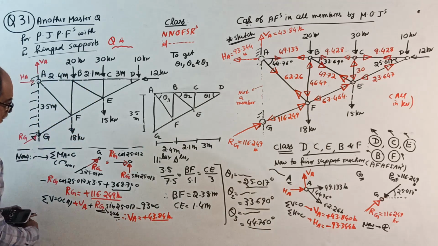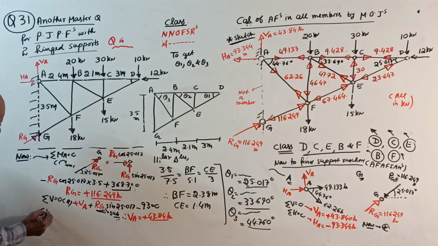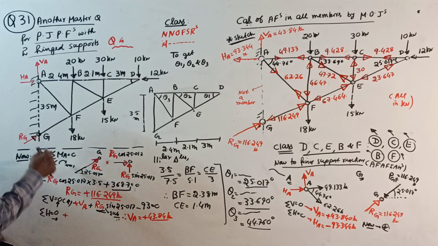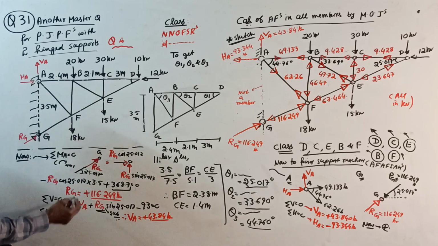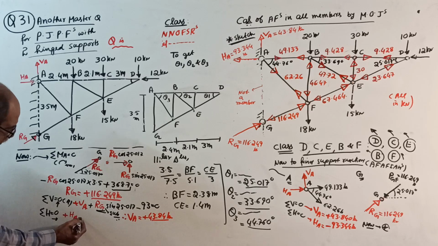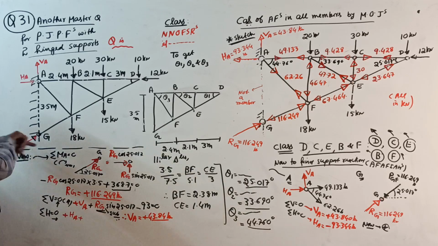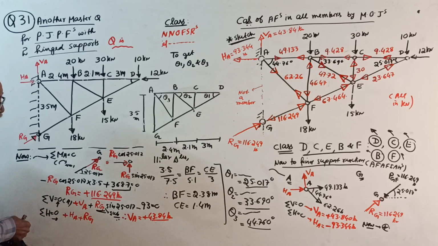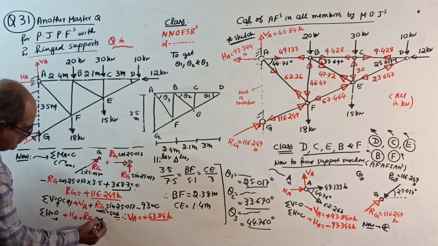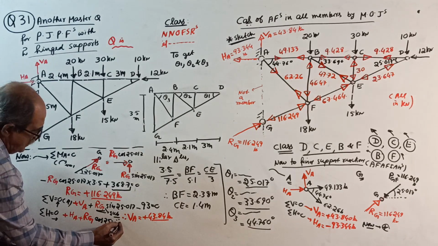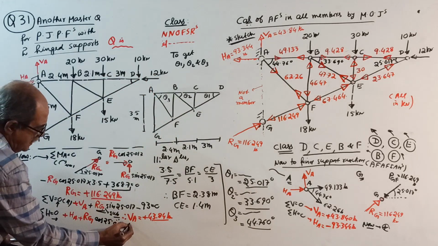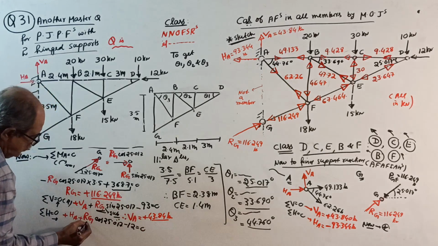And lastly, make sigma H equal to 0. Take right side positive. Here upward positive, here clockwise positive. Plus HA, then plus its horizontal component is here. How much? Rg into cos 25.017. Then, see, one force is there, minus 12 equal to 0.